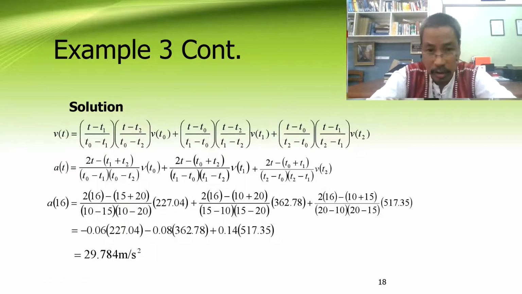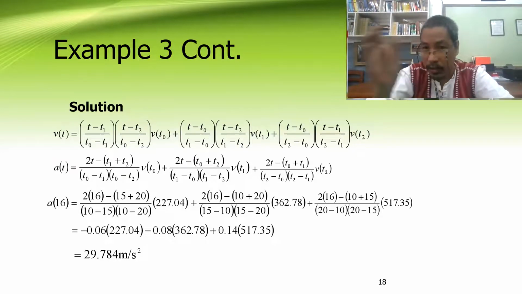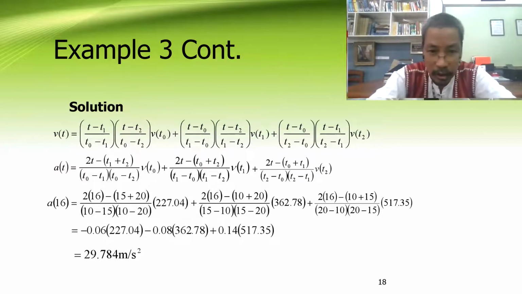That is also given in the problem, from the table. Diba? Table, time versus velocity. Those are given. So all of these are constant given. So the only variable here is the variable t. But since we are being asked what is the acceleration at 16, our variable t would be 16.